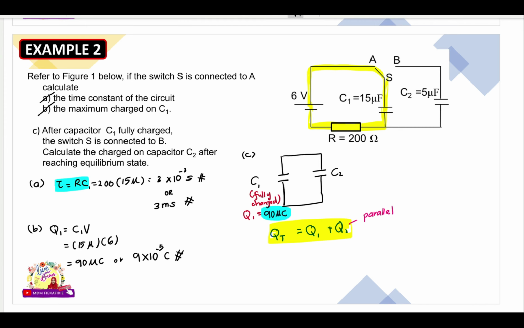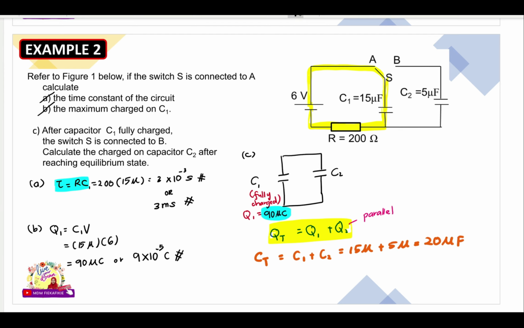Okay, so sekarang bila parallel, kita kira dulu C total. So let's calculate first what is C total. So kita ada C1 plus C2, where C1 is 15 microfarad and C2 is 5, so C total is 20 microfarad.